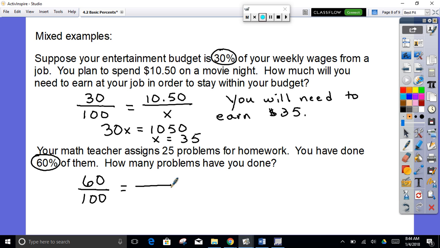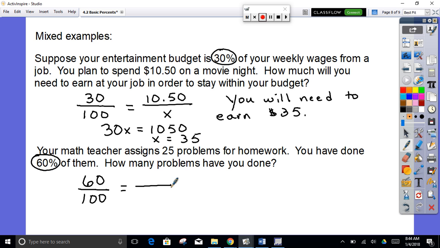So now we have to decide, is the 25 problems the part or the whole? There's the 25 problems assigned. There's how many problems have you done? Which is the part, which is the whole? Zoe? 25 is the whole. Good. 25 is the whole because you did some problems, but not all of the problems.